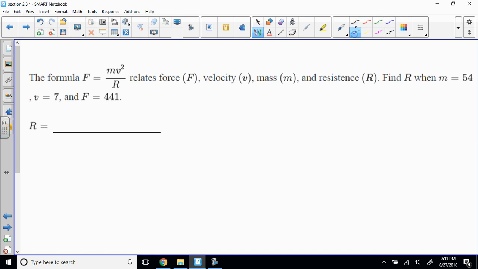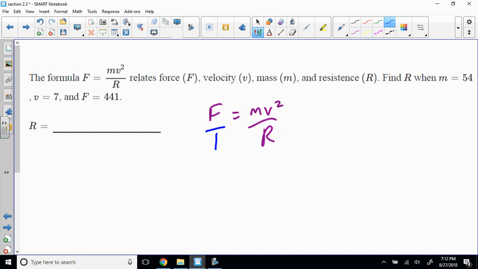Well, we're going to do an algebraic technique here. They want us to find r, right? Remember, we talked about ratios. If you have two ratios set equal to one another, you have a proportion, right? So you can cross multiply.